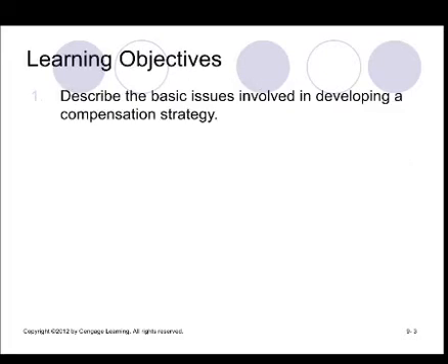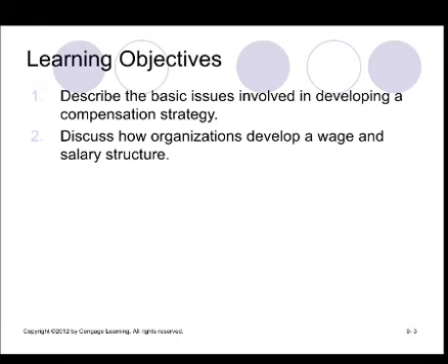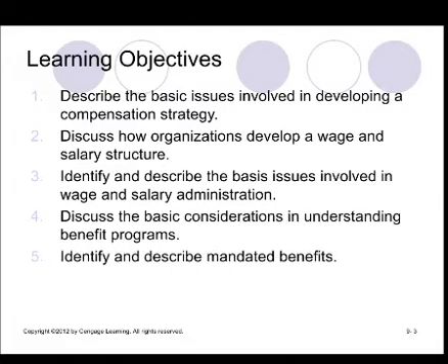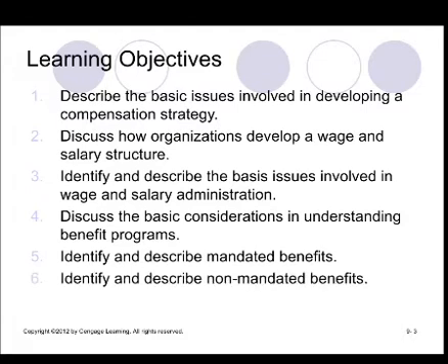So you need to describe the basic issues involved in developing a compensation strategy, discuss how organizations develop wage and salary structure, identify and describe the basic issues involved in wage and salary administration, and discuss the basic considerations in understanding benefit programs. Identify and describe mandated benefits.